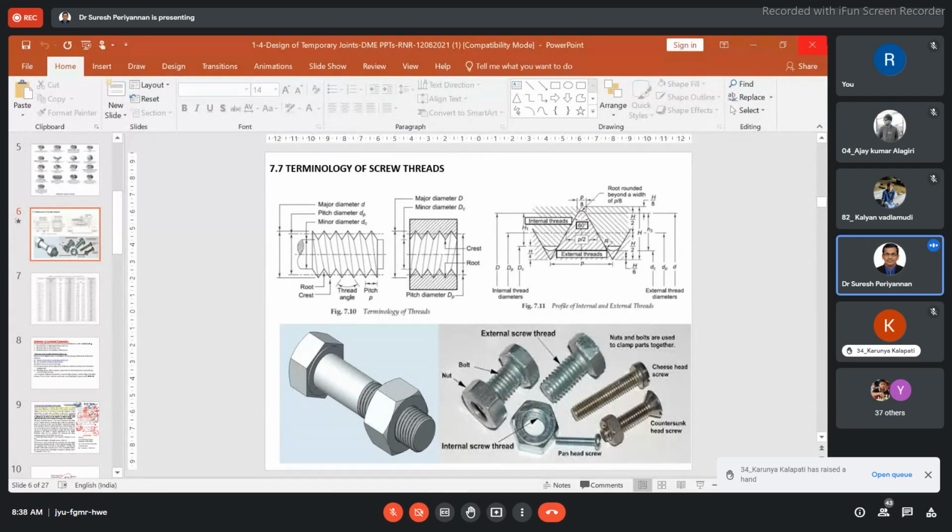Similarly, we discussed cap screw types: hexagonal headed, fillister type, button type, flat type, and hexagonal socket headed type.